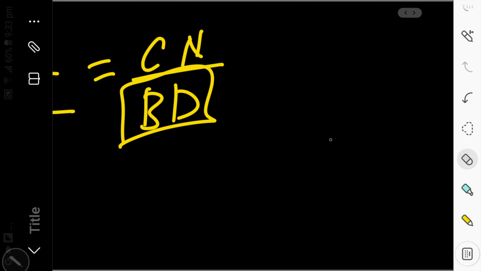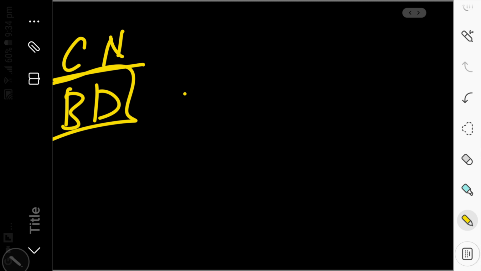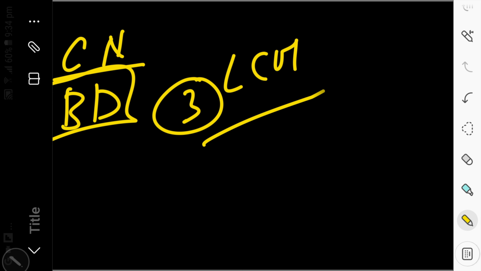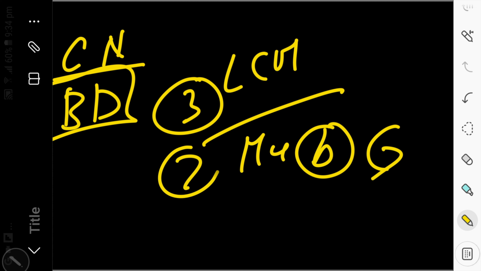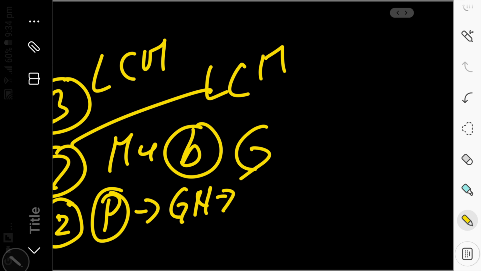I hope you understand how to find the LCM. If I had to give you a brief summary, there are three ways of finding the LCM. First is listing out the multiplication tables of both numbers given, and finding the least common multiple by seeing which number is smallest. Second is factorizing or prime factorizing the given numbers into 2s and 3s or 2 and 7, simply breaking down the number.